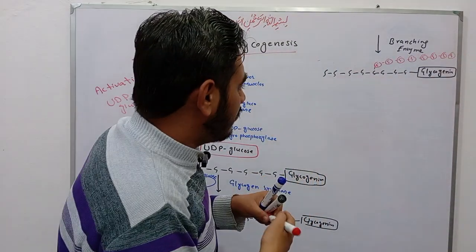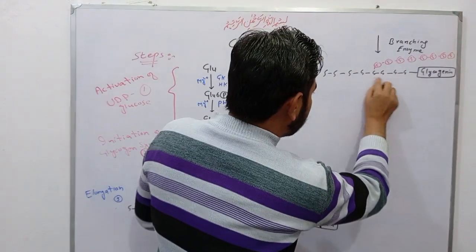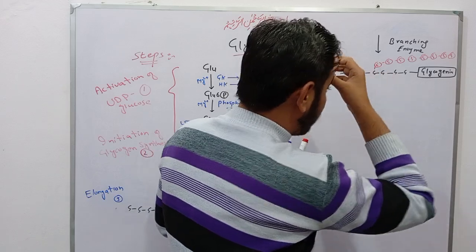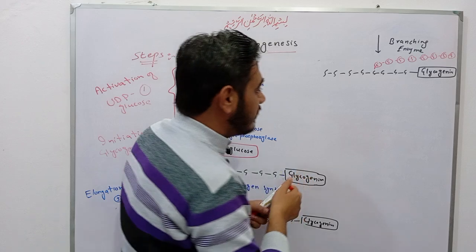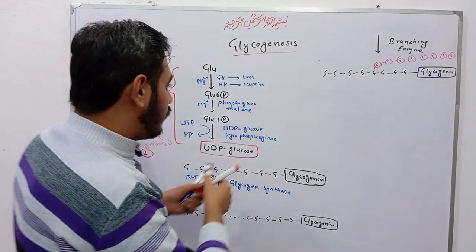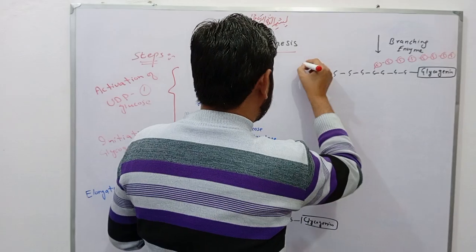Now here, this bond is the alpha 1,4 glycosidic bond. This is the alpha 1,6 glycosidic point. This is a branch point, alpha 1,6 glycosidic bond. Now, this is the fourth step.